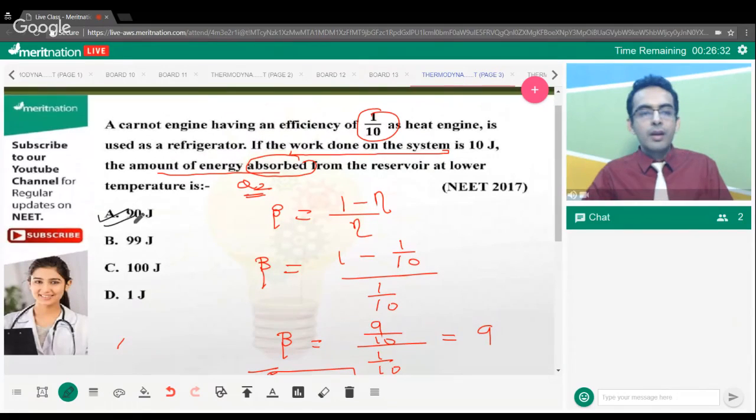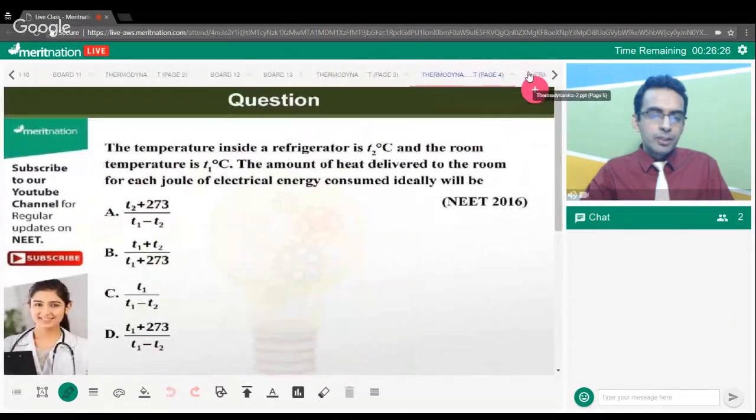Okay. So now let's move forward. The next question is also based on refrigerator. Let's read the question first. The temperature inside a refrigerator is t2 degrees Celsius.